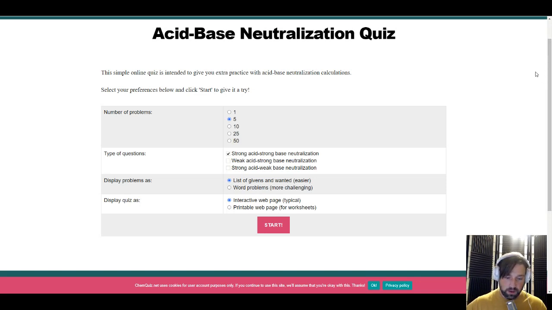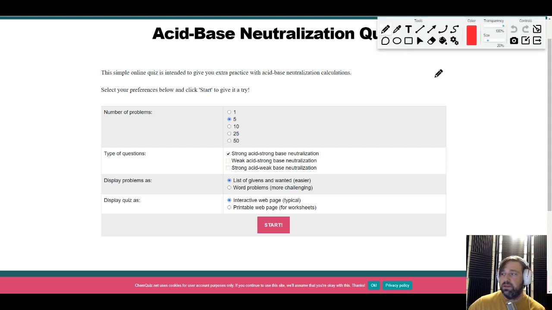Hey everyone. So this is the assignment for Monday, acid-base neutralization quiz. The idea behind an acid-base neutralization is the following. Let's say you have hydrochloric acid, a strong acid, and sodium hydroxide, a strong base.